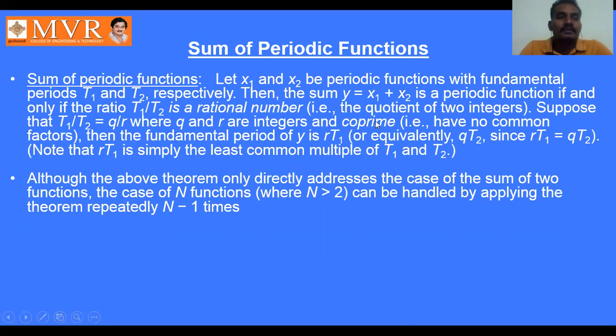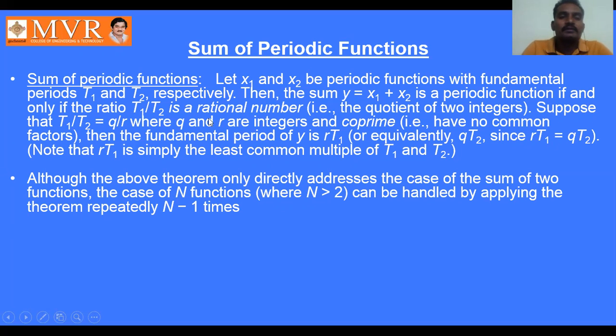Suppose t1 by t2 is equal to q by r, where q and r are integers and co-prime, that is, having no common factors. Then the fundamental period of y is r into t1, or equivalently q into t2, since r t1 is equal to q t2.